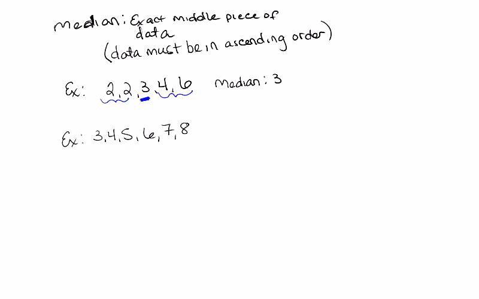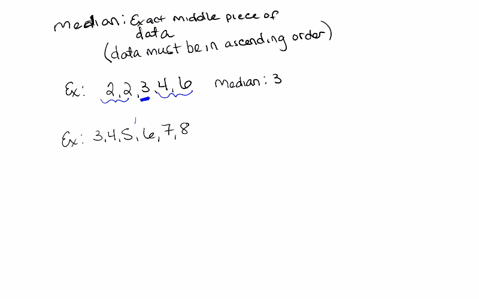So maybe you're thinking you'll fix that by scooting over to 6. But now there are 3 pieces of data below 6 and only 2 above. Sort of in the same pickle, where we don't have an equal amount of data above and below 6. In a case like this, sometimes the median is not actually one of the data values.